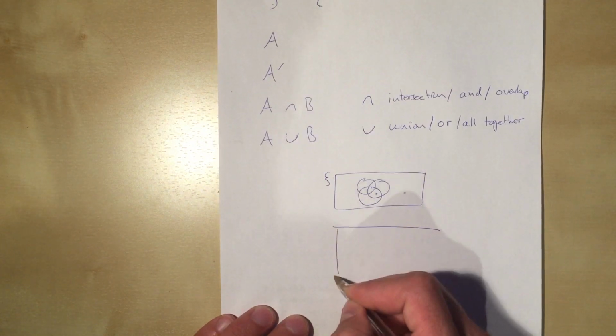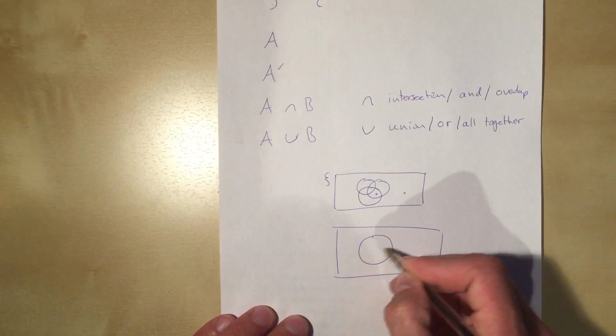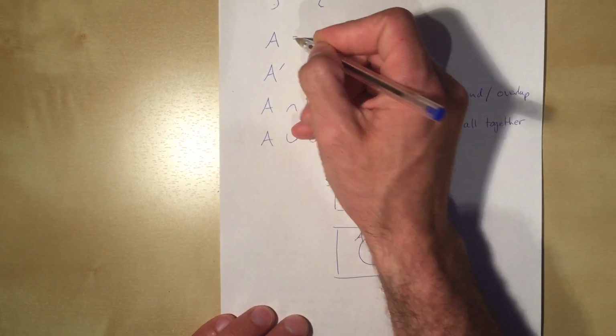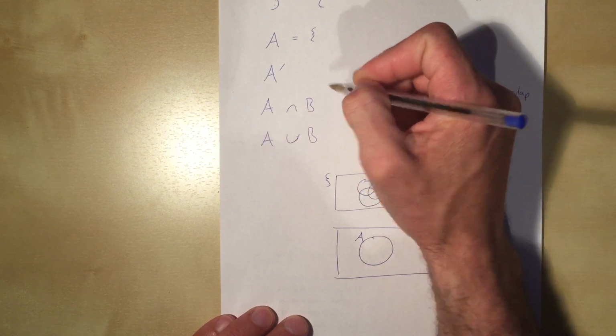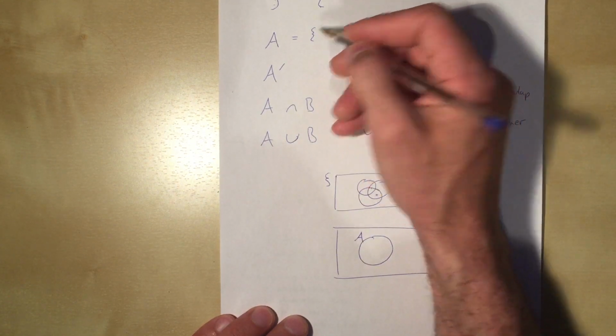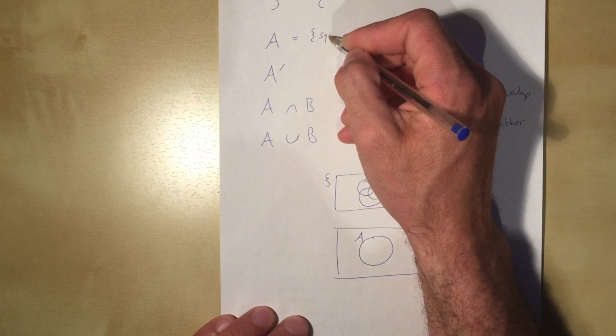So I might call a set something like A or B. If I have a Venn diagram like this, then I can have a set, and I'll call it set A. So I could say set A is equal to the set of, I don't know, square numbers.